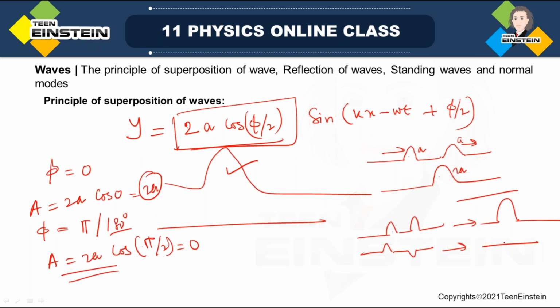If the amplitude is 0, the string is not vibrating upon overlapping. After overlap again they will vibrate, but this will progress this way and this will progress this way. So this is about superposition of waves.